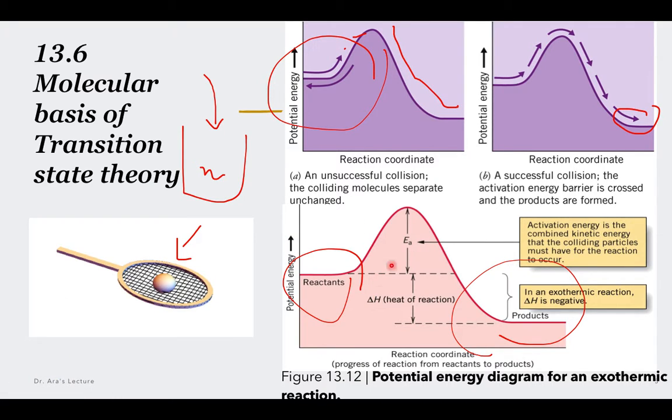We can see here the reactants with a certain amount of energy, and when the reactants come to each other with sufficient energy, then here we go, this level is the energy level needed for a successful collision to occur.